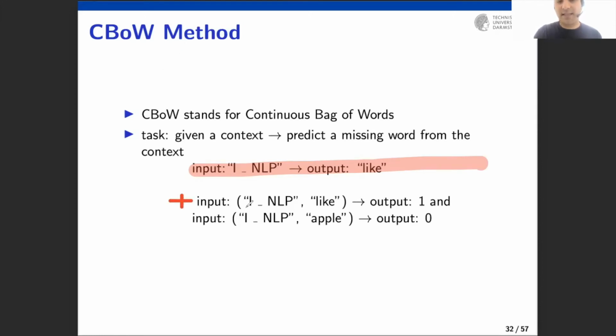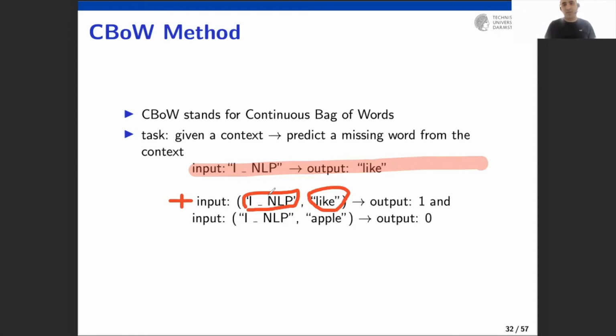The positive instance looks like this. So we have I, NLP, and the word like. And the task of our neural model is to say if like is a good fit for this context or not. So if words in the same context should have similar meaning.